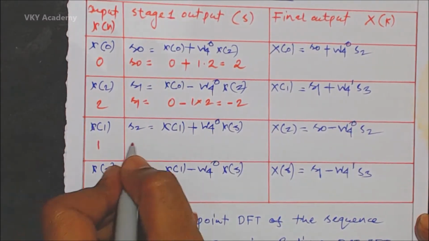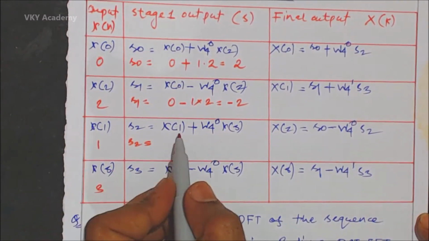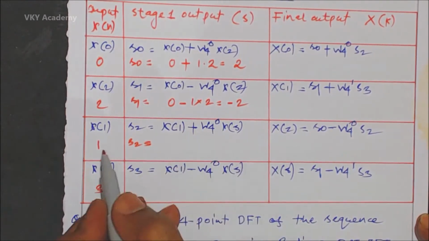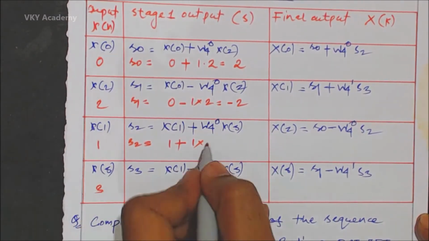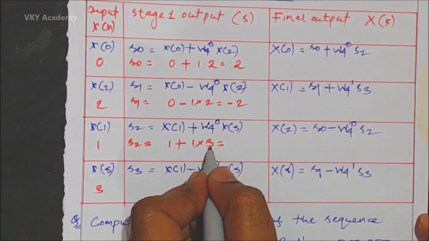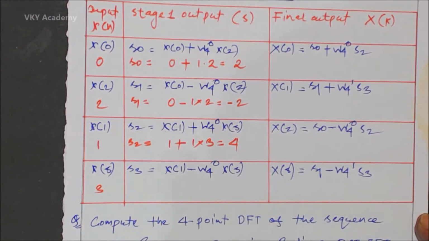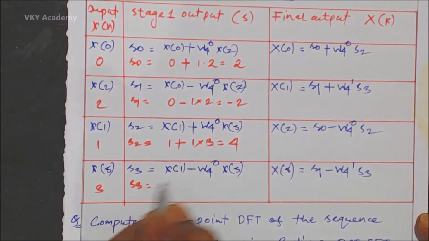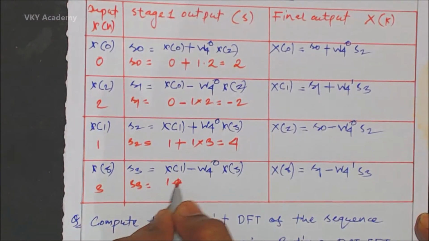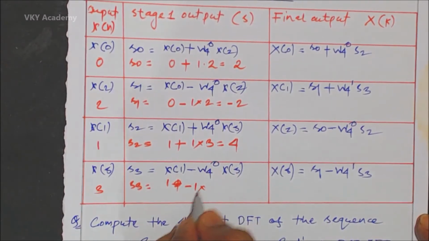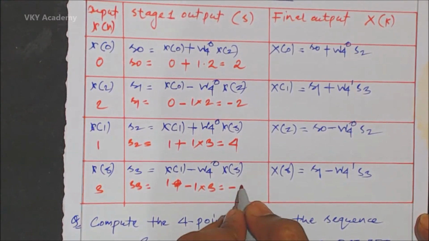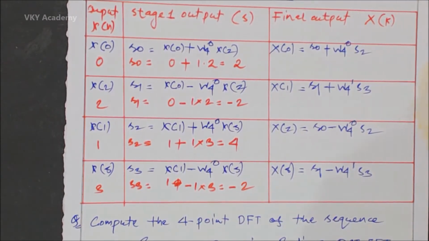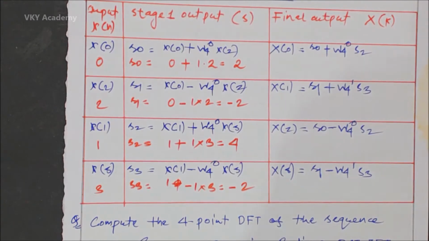Similarly calculate S2. The inputs associated are X1 and X3. X1 is 1 plus W4 to the power 0 is 1 into 3. So this is 3 plus 1, that is 4. And S3 will be X1, which is 1, minus 1 into 3. So this will be 1 minus 3, that is minus 2.